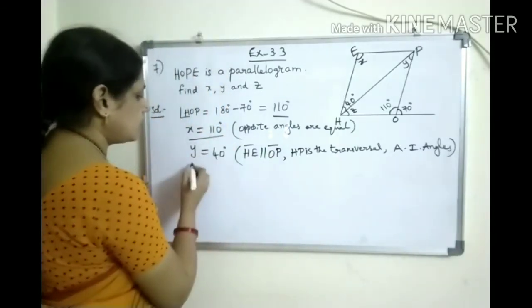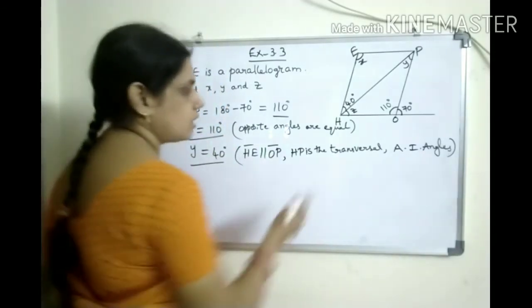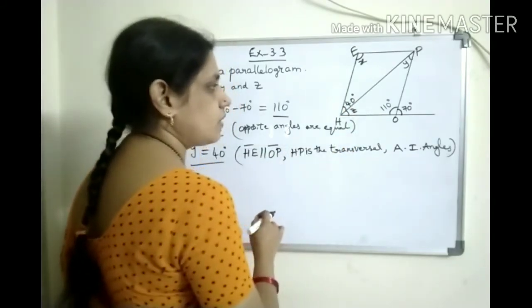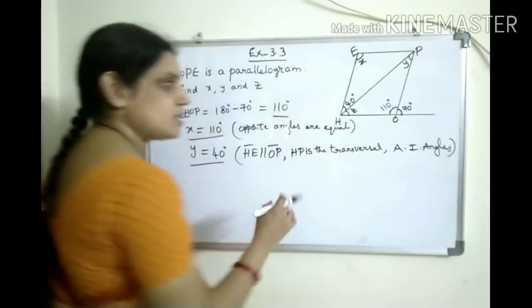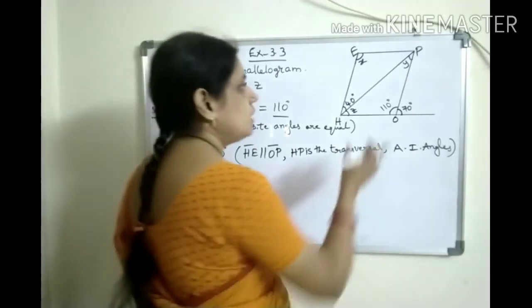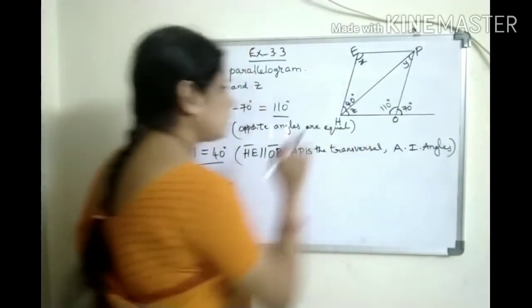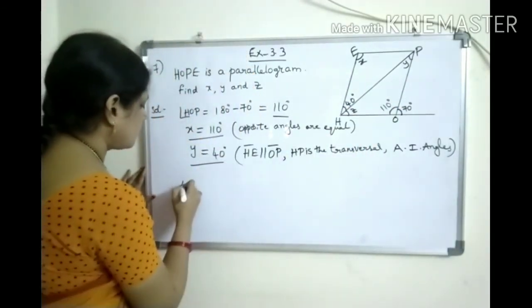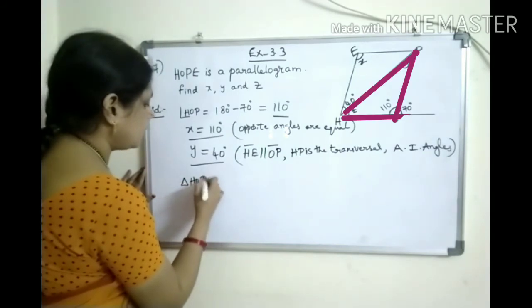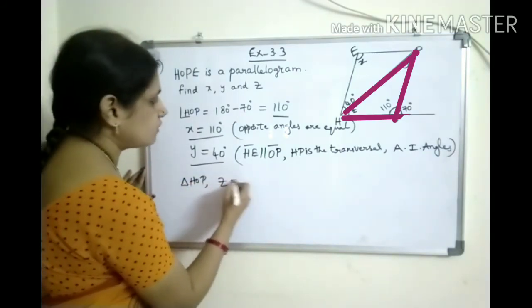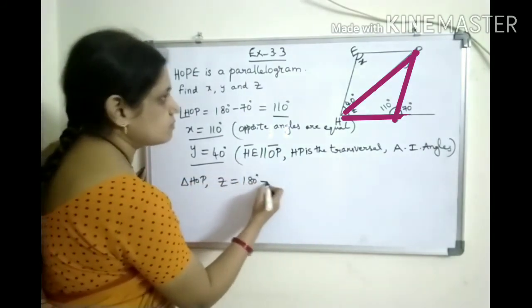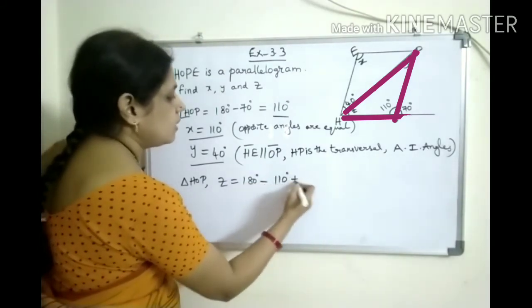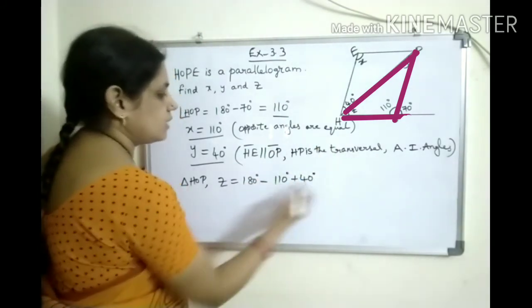So x equal to 110 we got, y equal to 40 we got. Then what about z? How can we find out? Here also in many ways you can do. Using angle sum property in triangle HOP, z equal to 180 degrees minus 110 plus 40. Already we got the y value also.